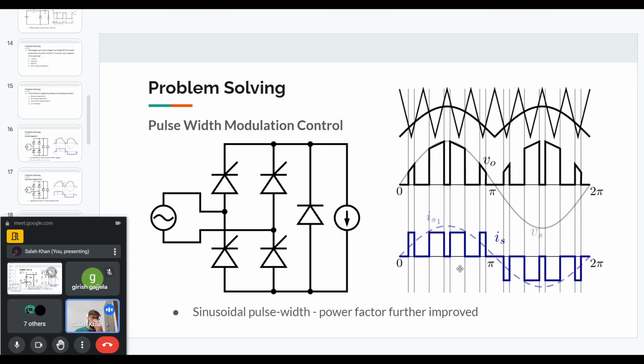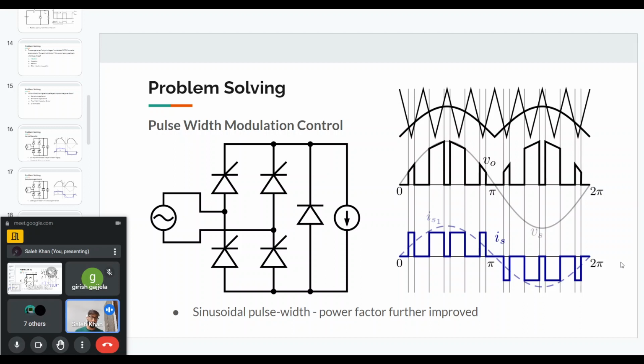But if you want a detailed explanation, you will have to do the Fourier analysis of this kind of waveform. So you will have to find the AN and the BN. One of them will be 0 because of half wave symmetry. But if you find out, you will see that for higher orders of harmonics, the amplitude will be higher compared to the lower order harmonics.